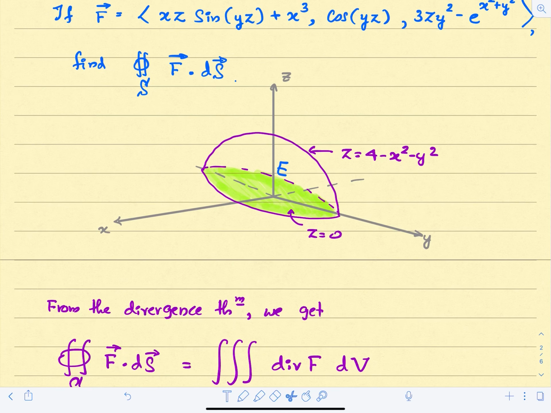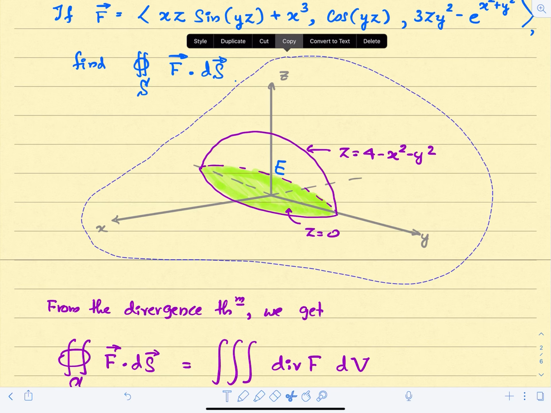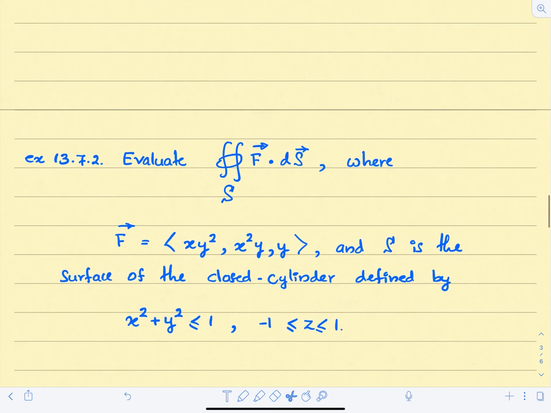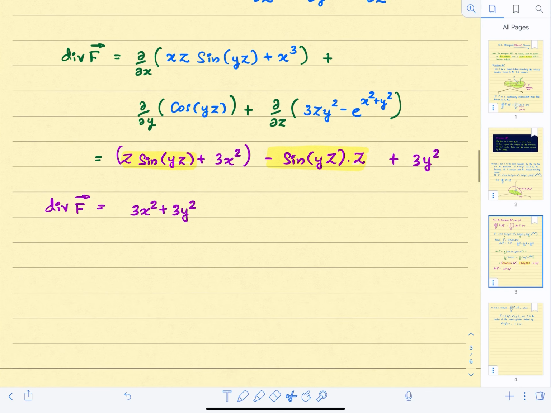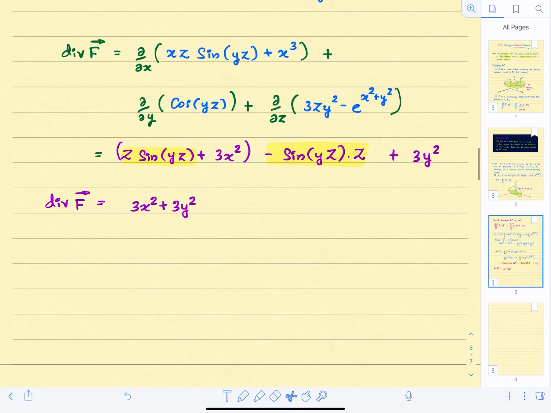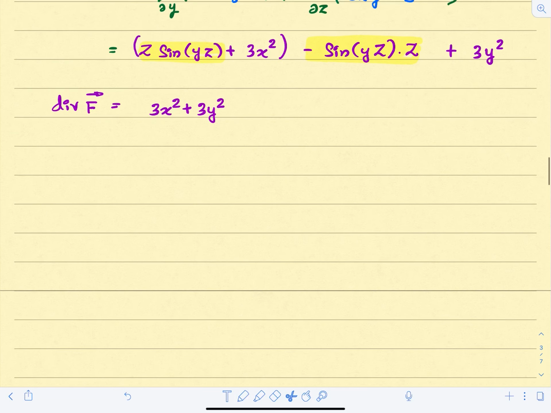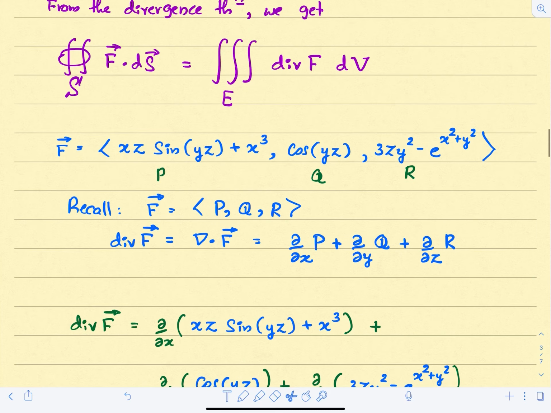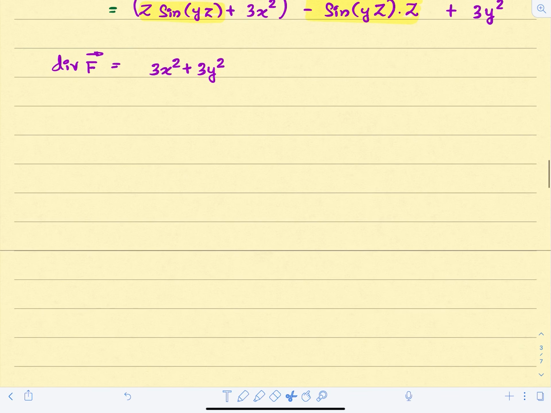Okay, so now we can do this triple integral.